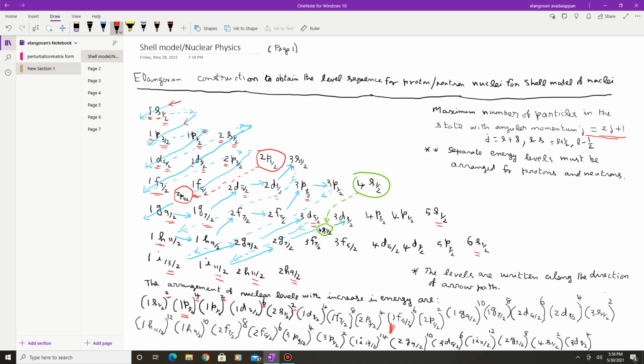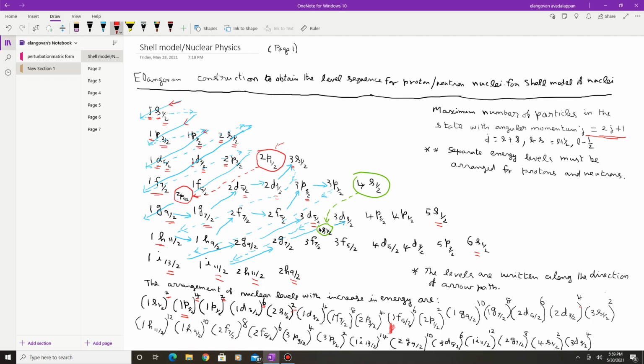Here you leave some position, and this position here, the 2p half level, is occupied from here. This level is occupied in this position. If you include spin orbit interaction, there is some intrusion in the levels. So 2p half comes here.